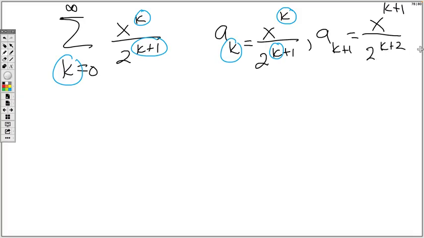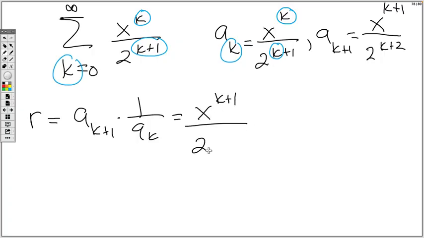K plus 2. And so if I go to look at my ratio here, r equals a sub k plus 1 times 1 over a sub k. I've got an x to the k plus 1 over 2 to the k plus 2, times the reciprocal, 2 to the k plus 1 over x to the k.